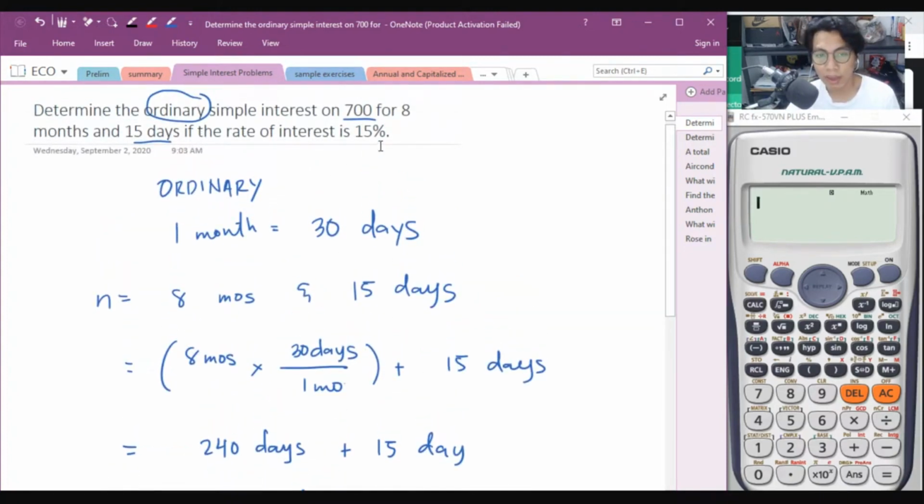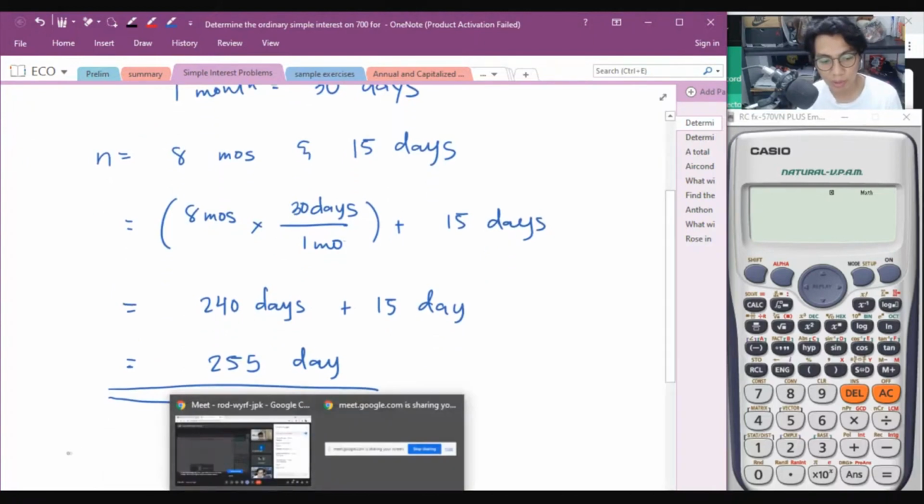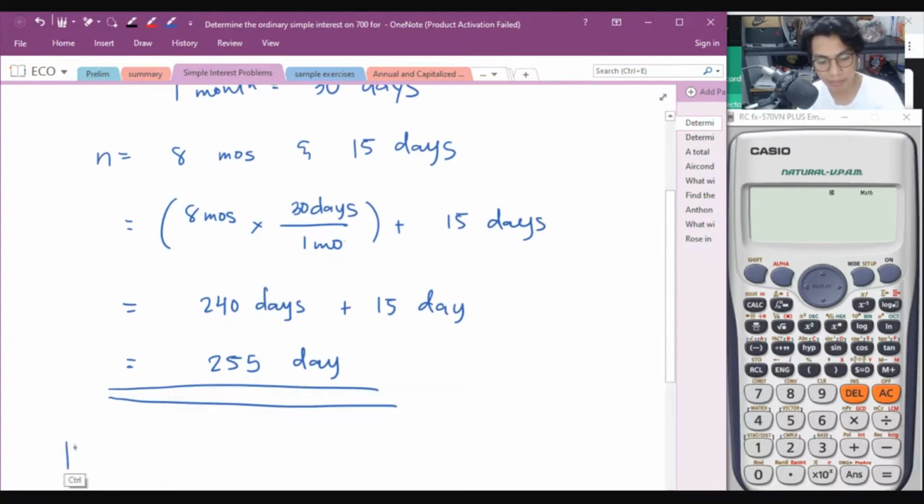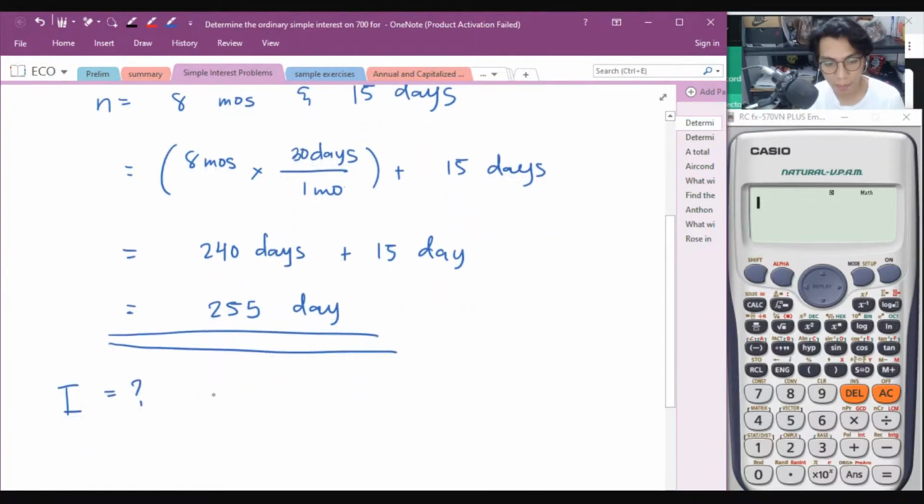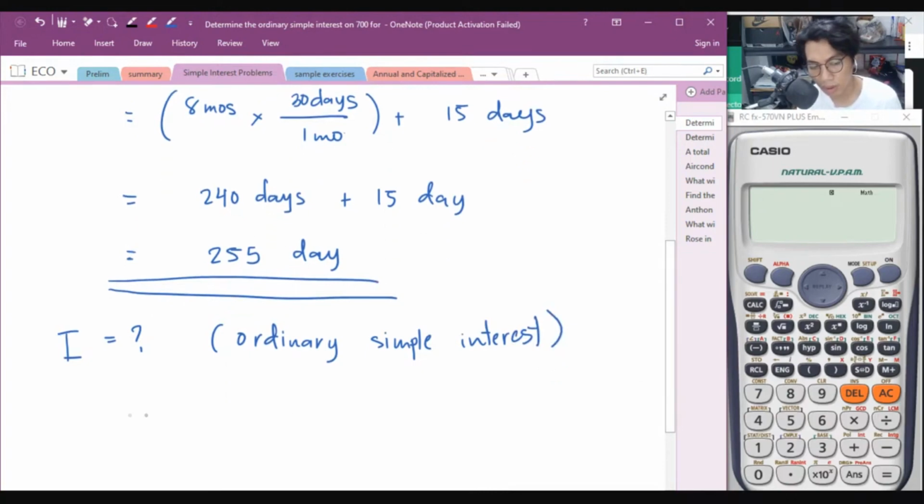Now, what is the rate of interest? Determine the ordinary simple interest. So, you are to find I, the value of I. What is your principal? What is your simple interest?